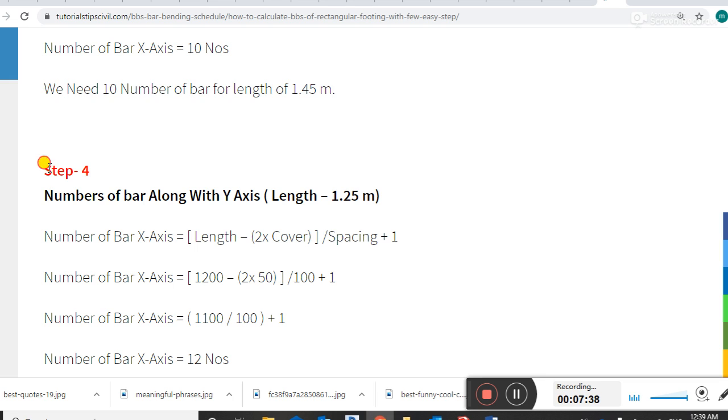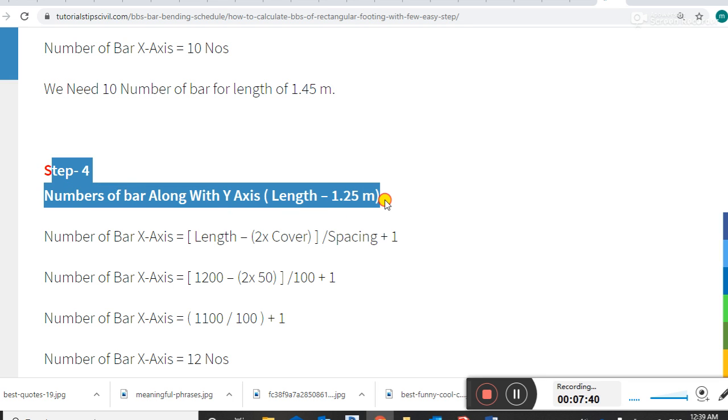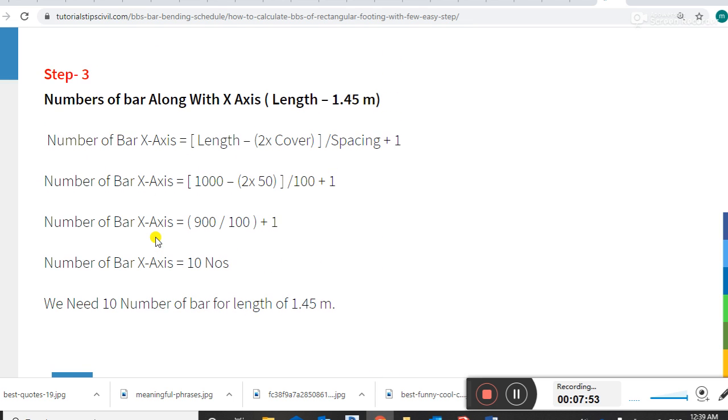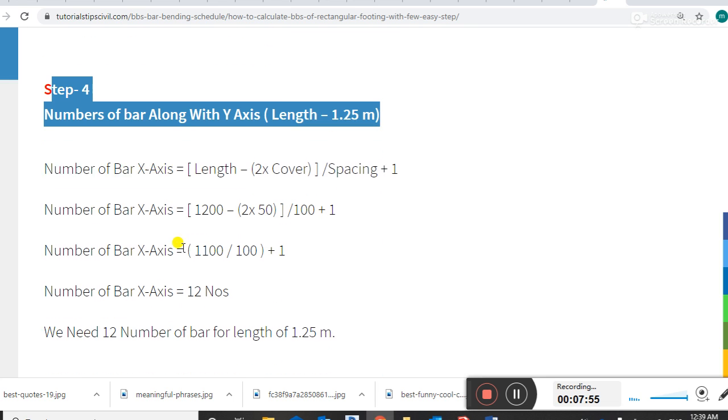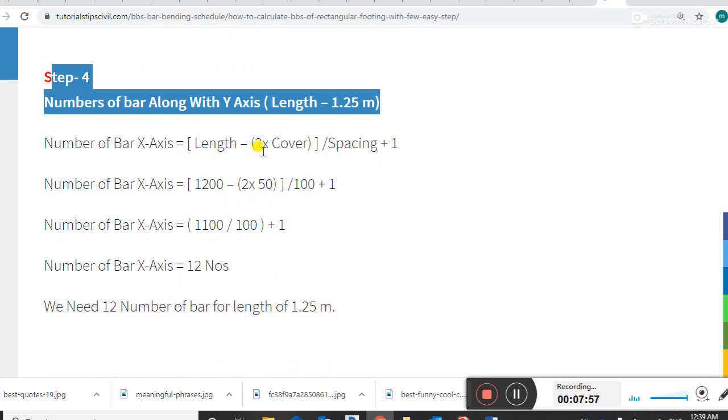Step number 4, number of bars along the y-axis. We have the length 1.25 meters. Number of bars in y-axis is equal to length minus 2 cover divided by spacing plus 1.